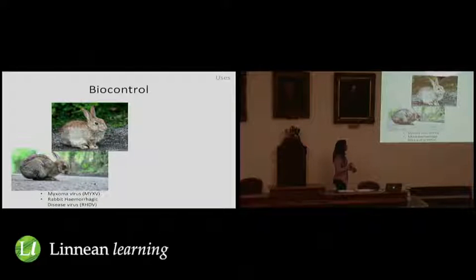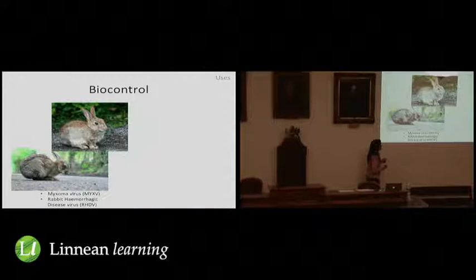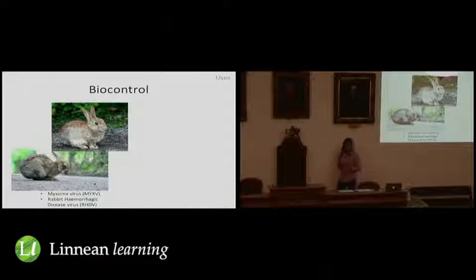This rabbit down here is an example of one that's been infected with the myxoma virus. It usually incubates for about 2 weeks before it kills the rabbit, which gives the rabbit enough time to return to the warren and infect other rabbits as well. And it's a pretty effective way of keeping the numbers of rabbits under control.